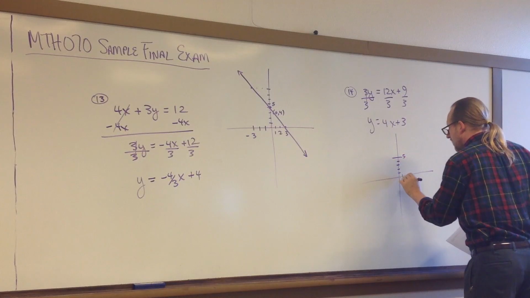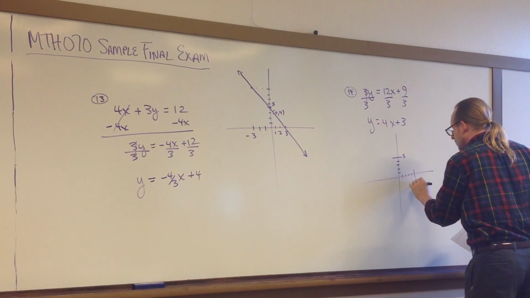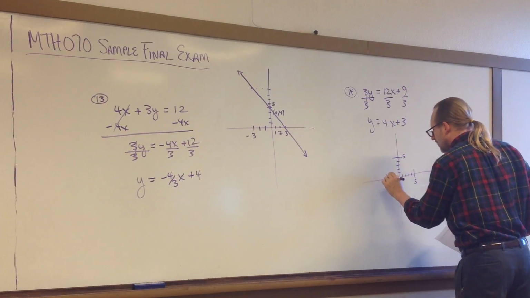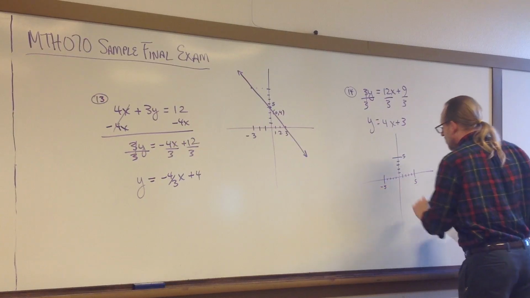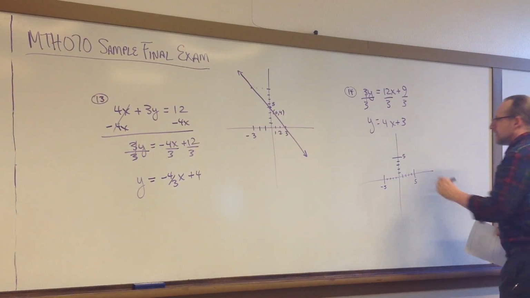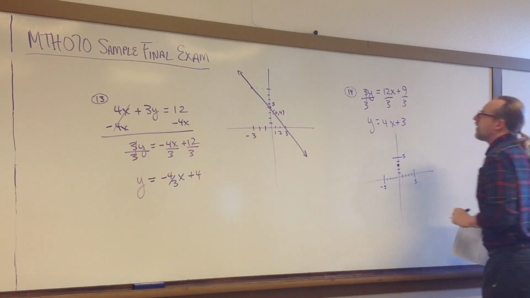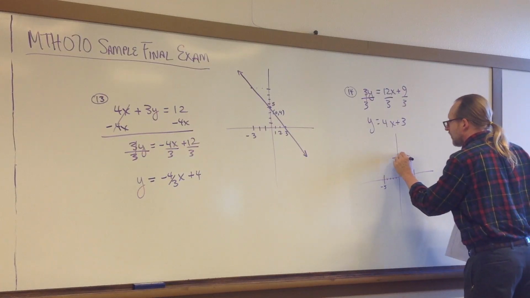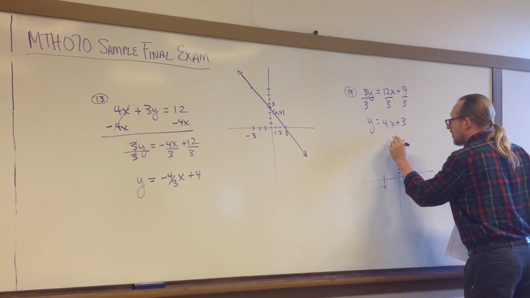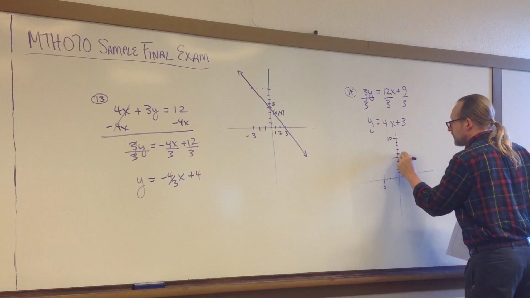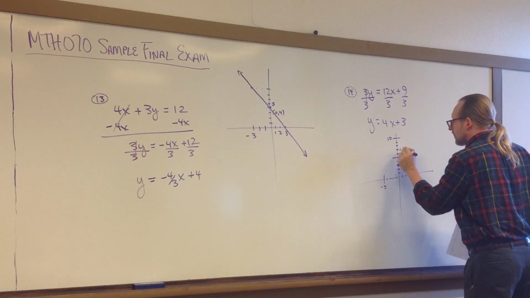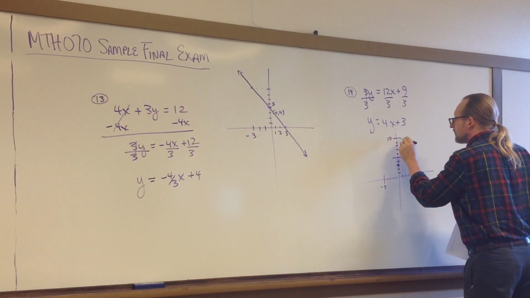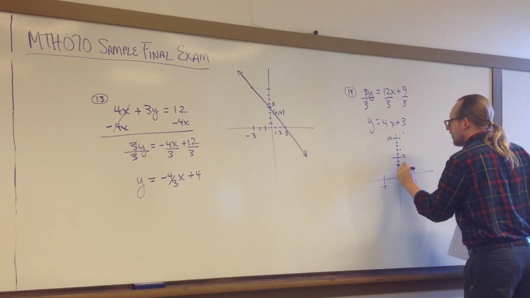So there's the 5. So 0, 3 is our y-intercept, and then our slope is 4. So 1, 2, 3, 4, and then over 1, and then 1, 2, 3, 4, and over 1 more.